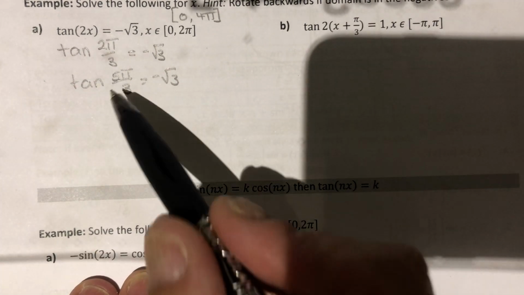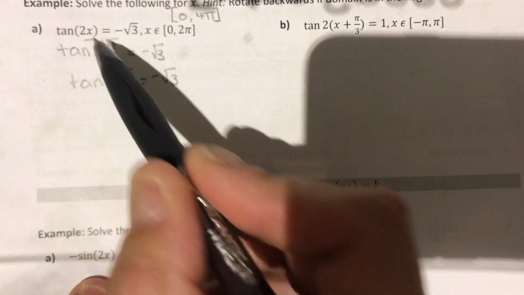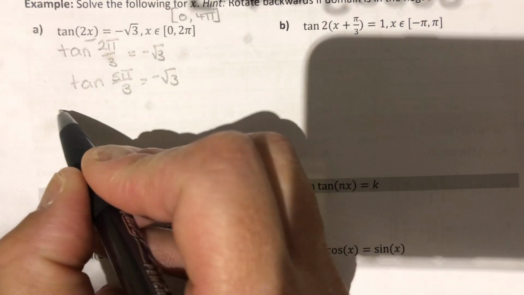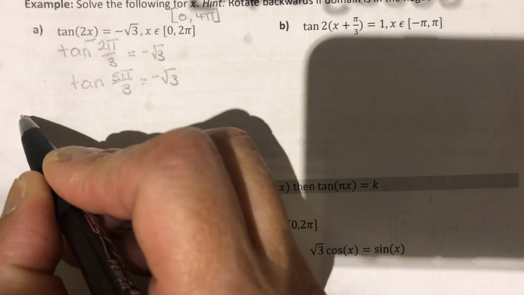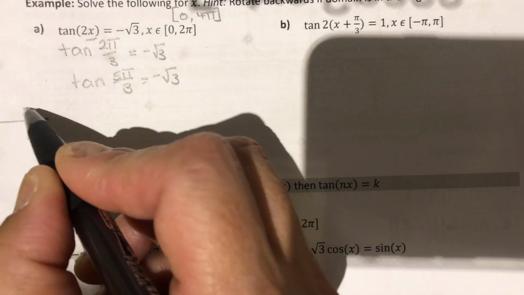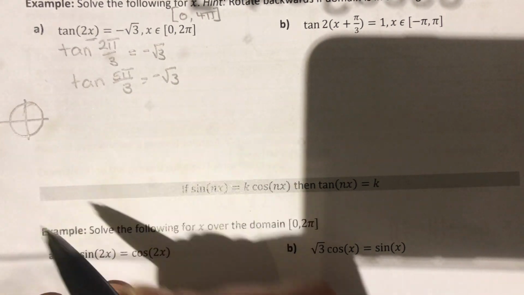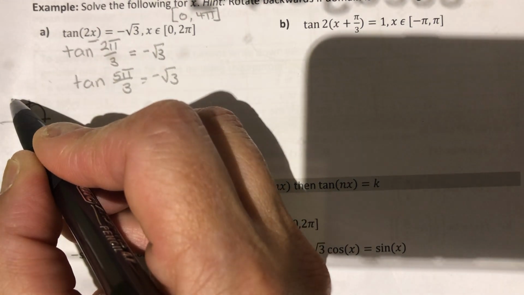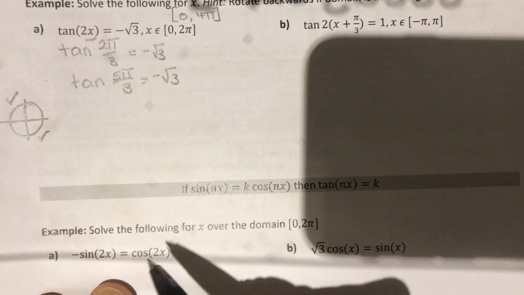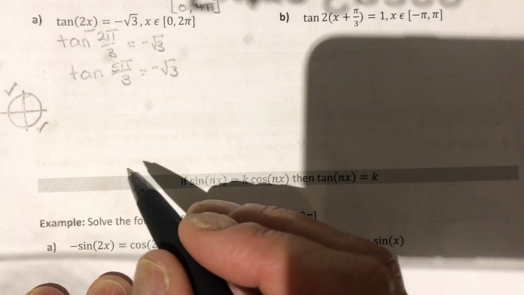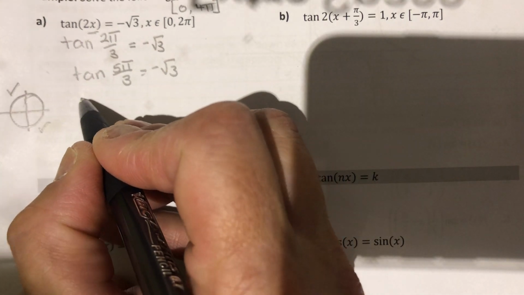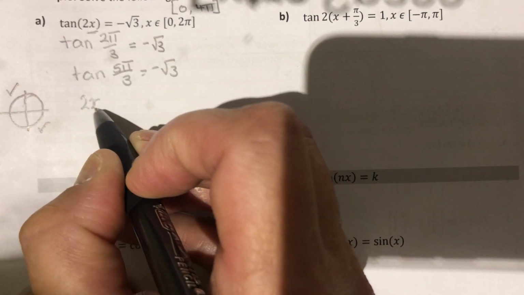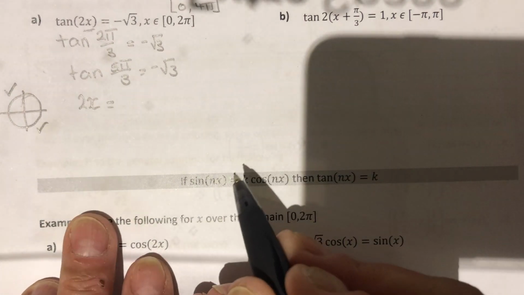All right, so using that information, we've actually got 2x, remember? So we're going to think about our quadrants first. We're going to say when is tan negative? So tan is negative in the second quadrant and the fourth quadrant. And we just use the same way we used to with sine and cos, but this time we're going to start with 2x.